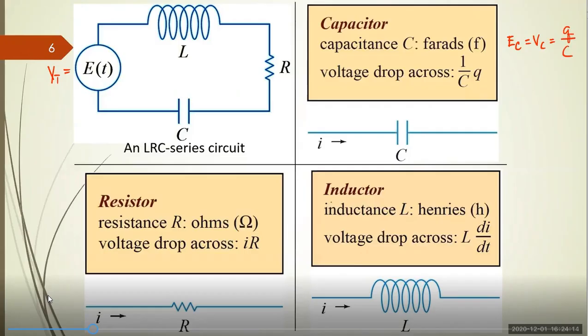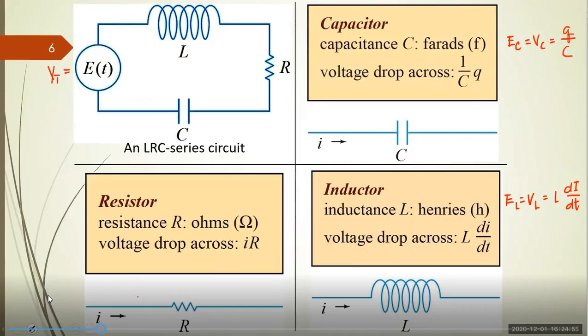For the inductor, the inductance L, the unit is Henry. Plural is Henrys. The voltage drop across is L di over dt. So here, the E due to the inductor, or sometimes V due to the inductor, is L di over dt, where I is the current and L is the inductance.